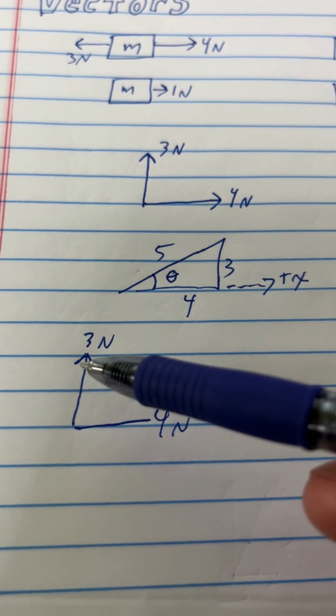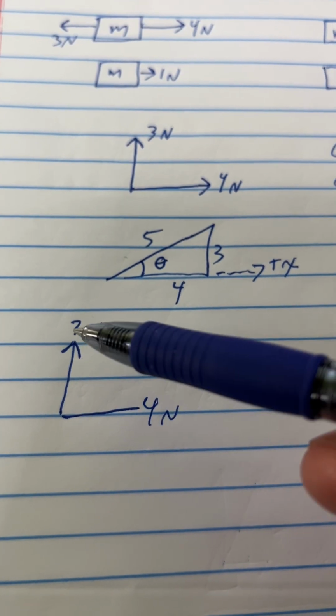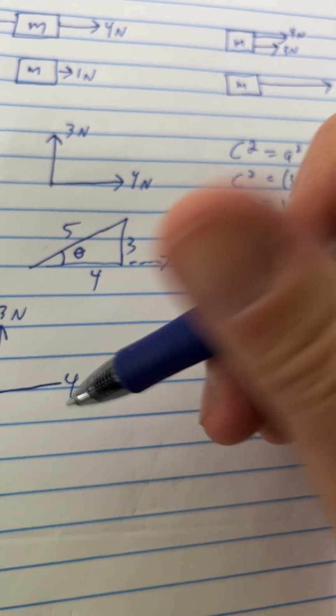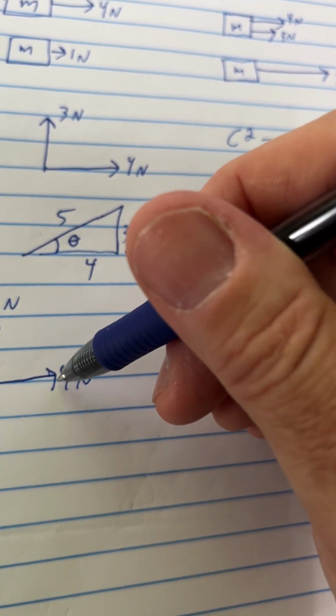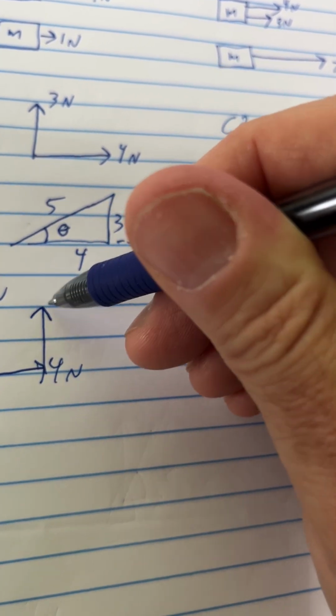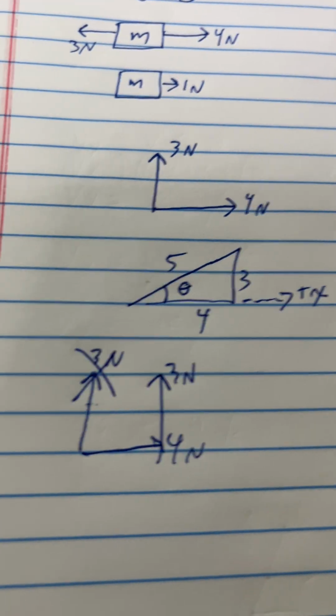I can move the 3 newton vector provided I don't change its size or direction. So I could slide that 3 newton vector over here and draw it over here, 3 newtons. And I'm going to cross this one out so I don't get confused.